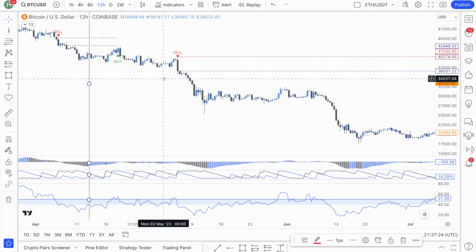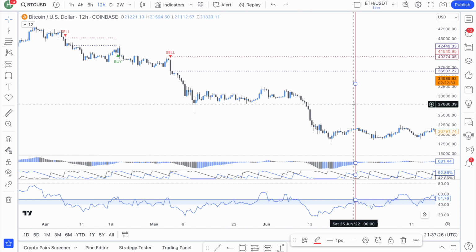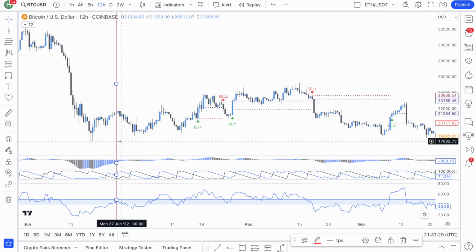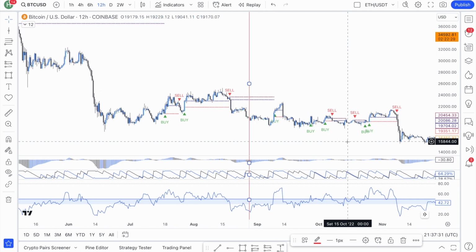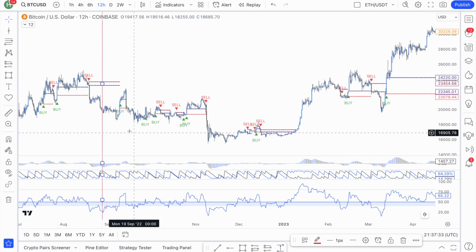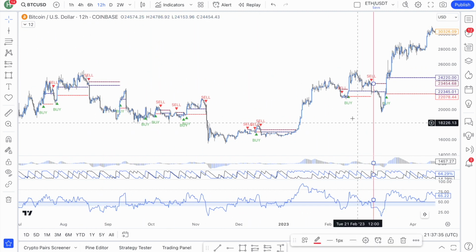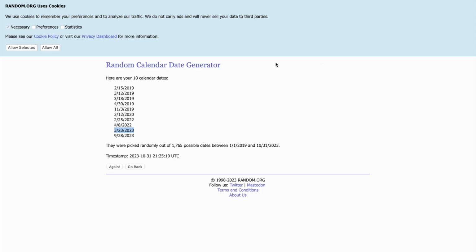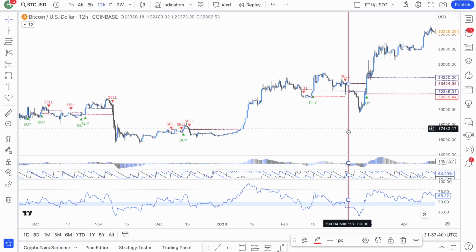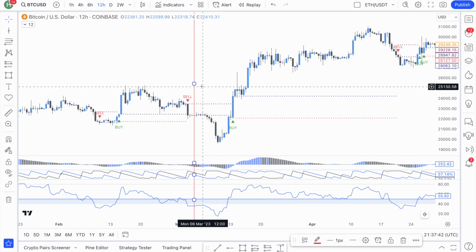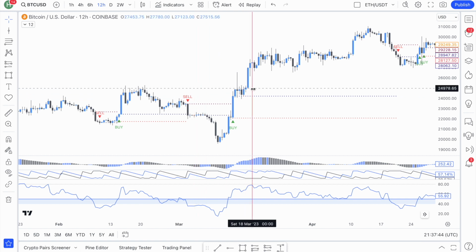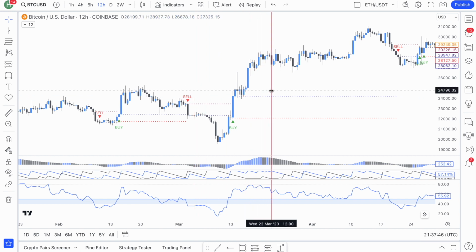I think that's our first 2023. So March, where are we at here? March, what did I say? 23rd. All right. March 23rd. All right.